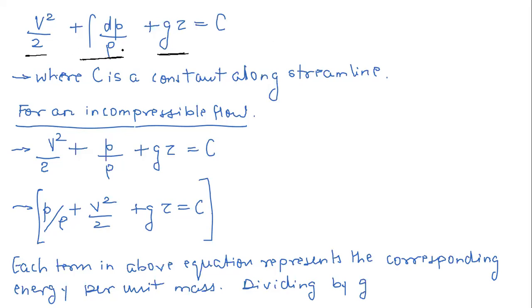But can this equation be valid for an incompressible flow? Yes, very good. This equation is valid for both incompressible as well as compressible flow. Let's see what happens if the flow is incompressible.